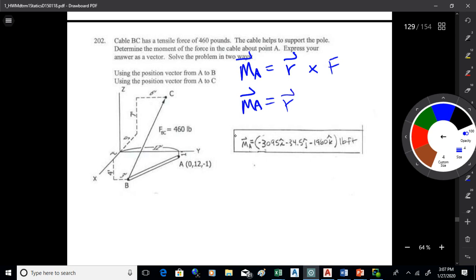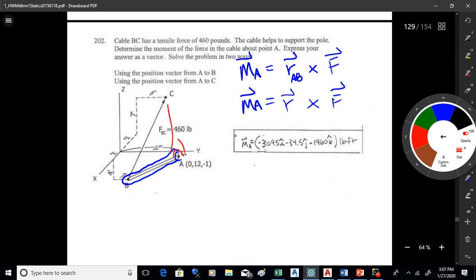The way I think about this is that the force vector is just the force you're applying. The R is like a wrench. So I just think of putting the head of the wrench on the thing I want to take the moment about, which would be the bolt. And then the wrench extends out to the point where the force is applied. So one wrench you could use would go from A to B. Now the other one you could use would go up to C. So it really doesn't matter.